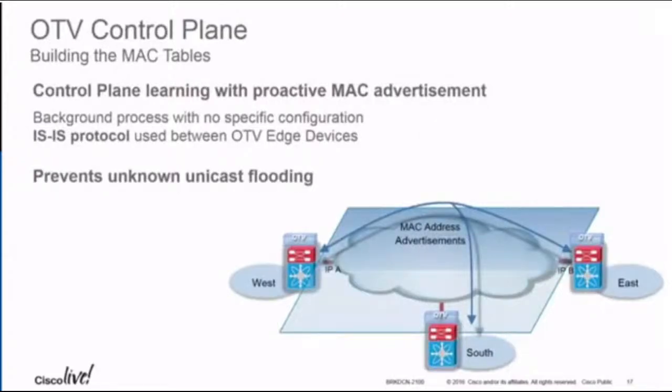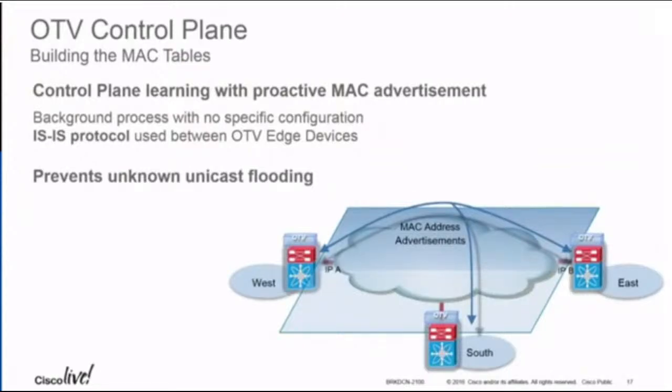Let's see how exactly the control plane of OTV is built. The control plane learning is with proactive MAC advertisement. And as I told you, there is a single protocol which is running in the background to propagate these MAC address informations. That is ISIS. We are not reinventing anything over here, but just leveraging the ISIS protocol to do the job for us.